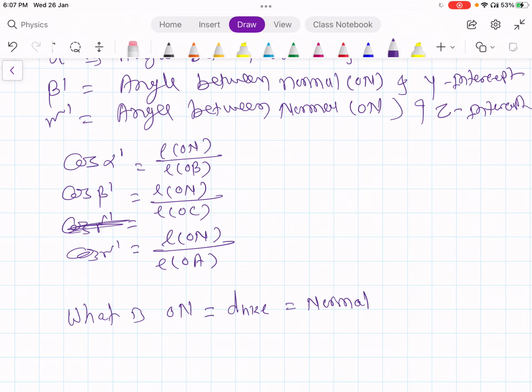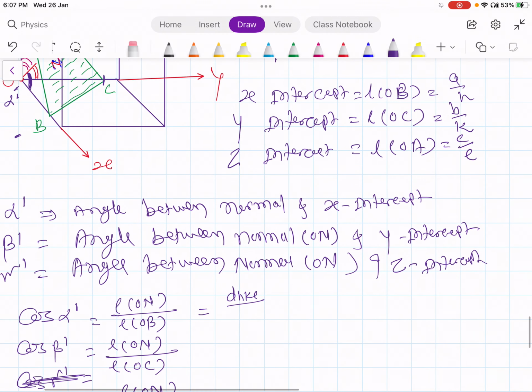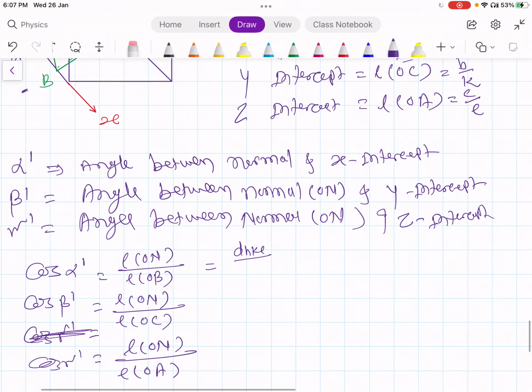So ON is nothing but the interplanar spacing d suffix hkl. Let us write the value of cos alpha dash, which is d suffix hkl, and here we know that this OP is a by h, or we can write h d suffix hkl upon a.